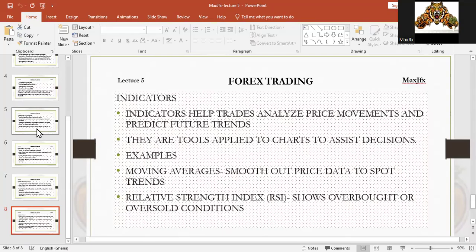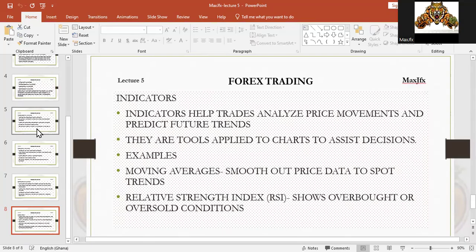And also the relative strength index. It shows the number of buyers or sellers at a particular point in time. It uses the sizes of the candles, which tell us the number of buyers and sellers in the market. This is a range between 0 and 100.